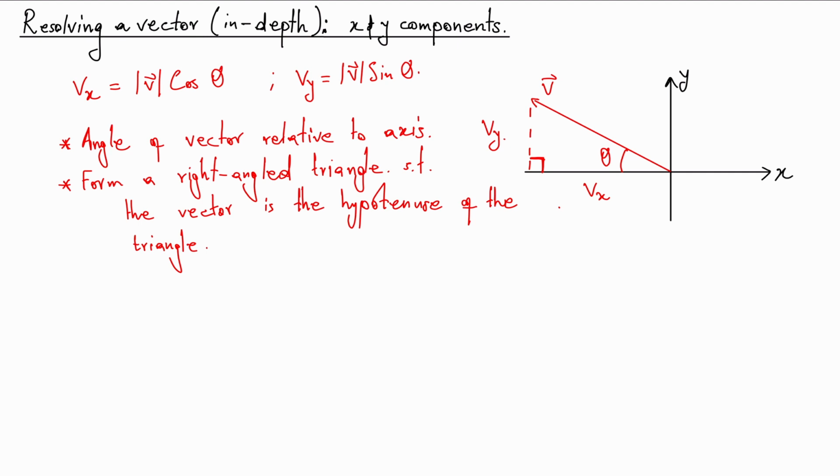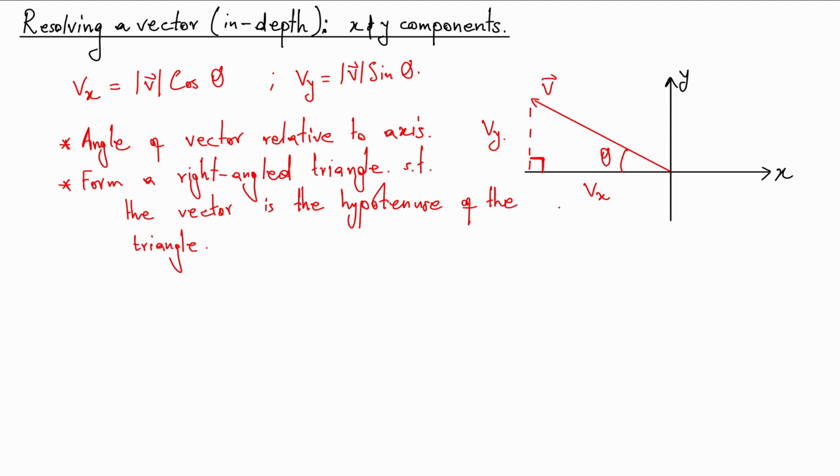So if this vector is to be the hypotenuse, this means the way we form a right angle triangle, we must drop a perpendicular from the tip of the vector. The vector whose components we're looking for will form the hypotenuse, so we drop a perpendicular from the tip of that vector. And once we had these two ingredients in place, we were able to find the y component and the x component of our vector.